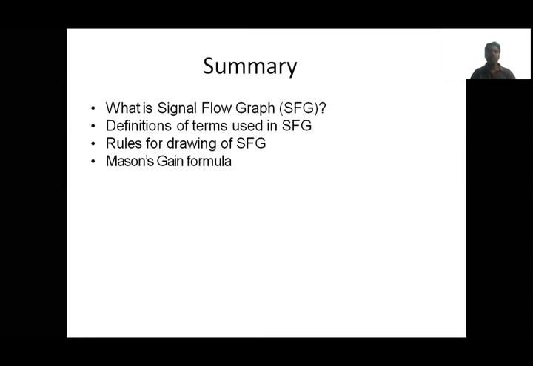We also learned the rules and how to convert the given block diagram into the signal flow graph representation. And also we learned what Mason's gain formula is and how to get the transfer function using Mason's gain formula. In the coming video, we will learn different examples using Mason's gain formula, how to get the transfer function of the given systems.